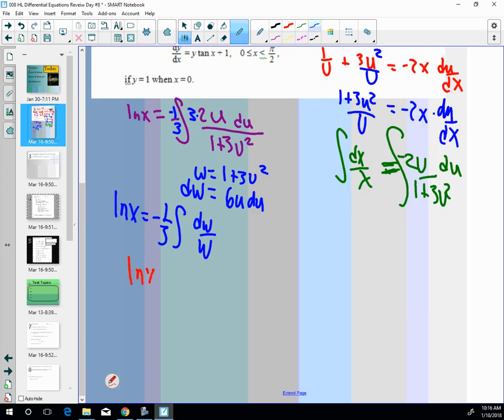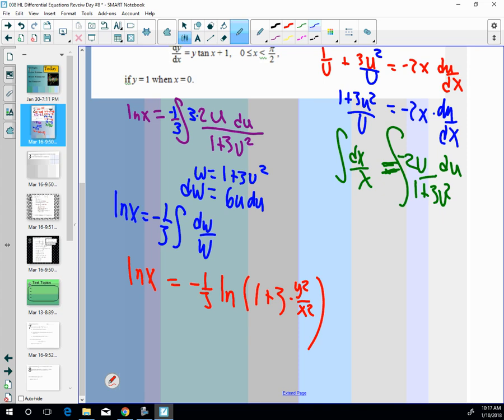So here goes. Natural log of x is equal to negative 1/3 natural log of 1 plus 3u squared, y squared over x squared. Wow. That's horrible. Actually, it's not so bad.